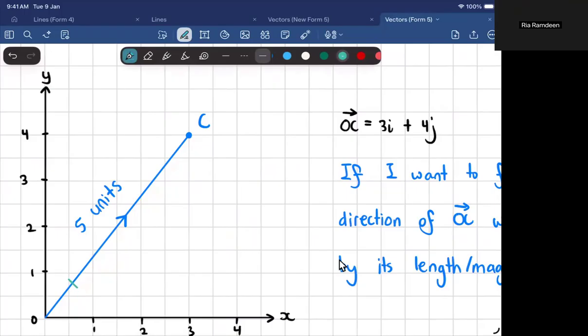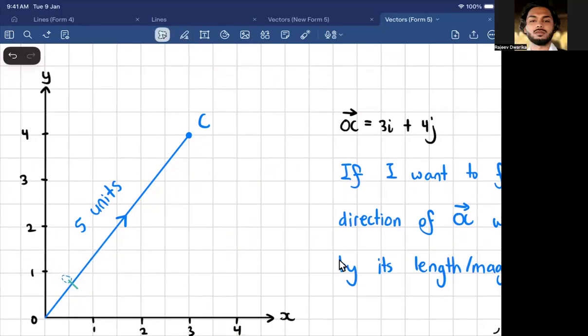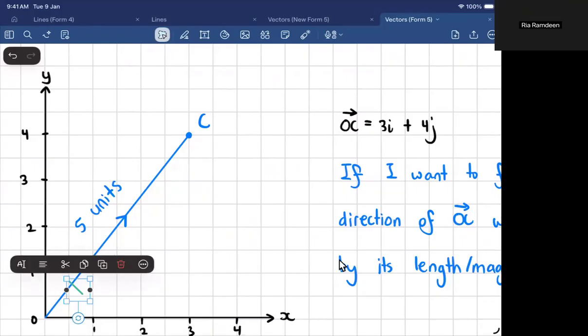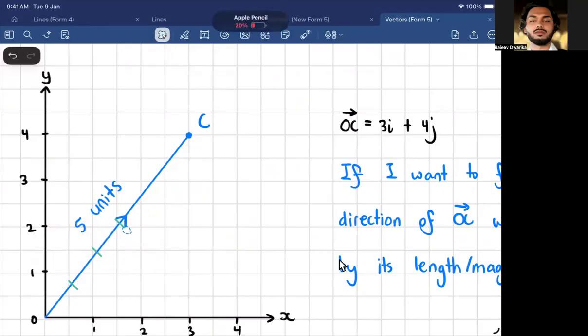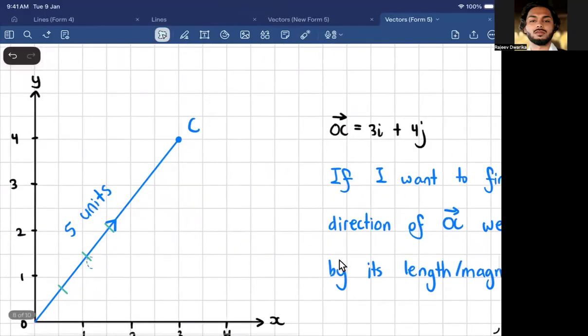I'm still following. Okay, so Ria, remind me, what's a unit vector? A vector that only has a magnitude of 1. Right. And for this vector over here, what's the magnitude? 5.